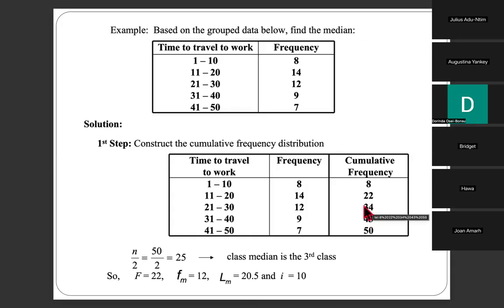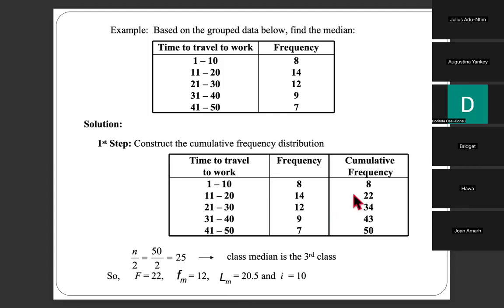And if we have this as our median class, what is our class limit there? The class limits are 21 and 30. But for us to find the lower class boundary, we subtract 0.5 from this value, and we get 20.5. So this is the lower class boundary.